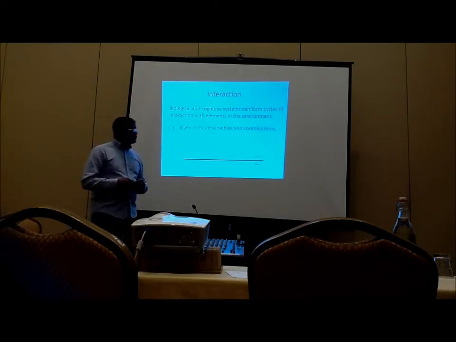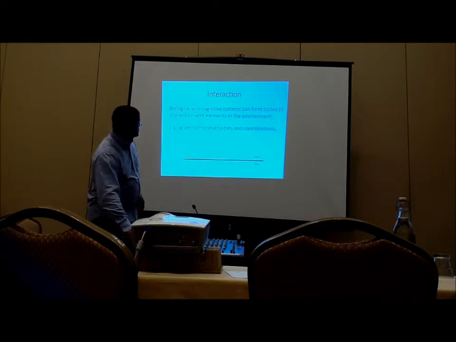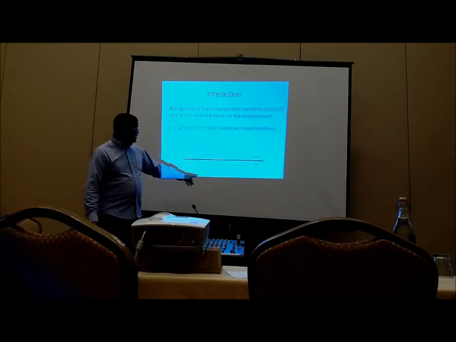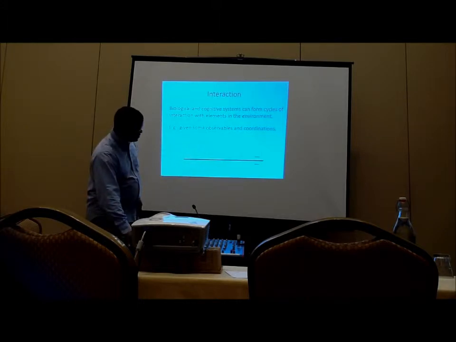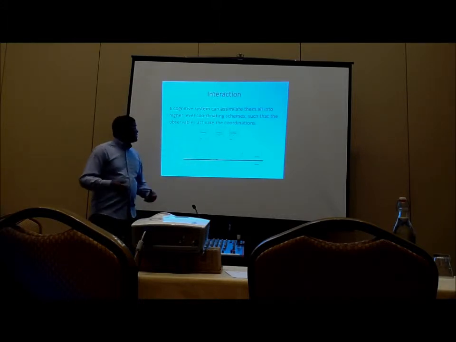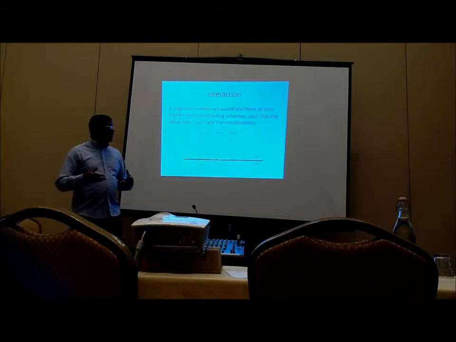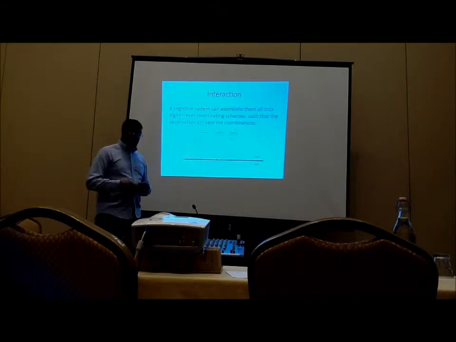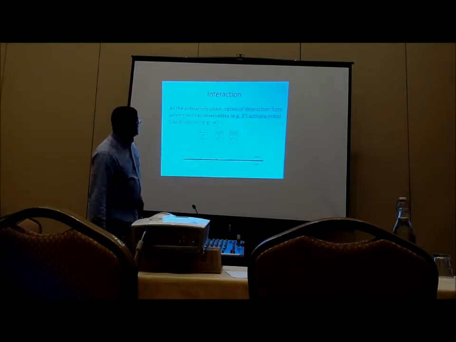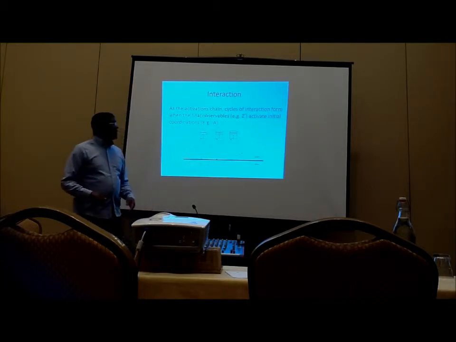For example, given some external observables A prime, B prime, all the way to Z prime, and some internal coordinations A, B, and C, all the way to Z, the cognitive system can assimilate them all into higher level coordinating schemes, such that the observables activate the coordinations. So in this case, we have A and A prime enable B, B and B prime enable C, all the way through to Z and Z prime enable A.